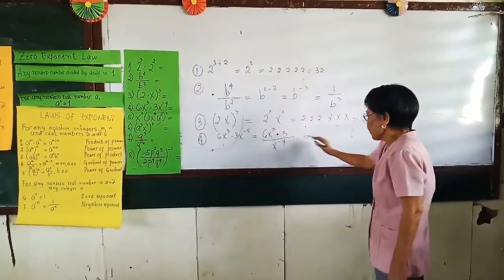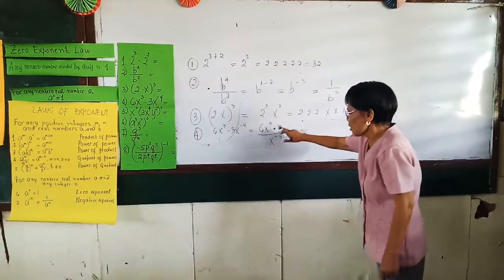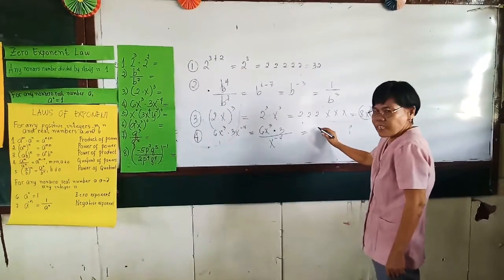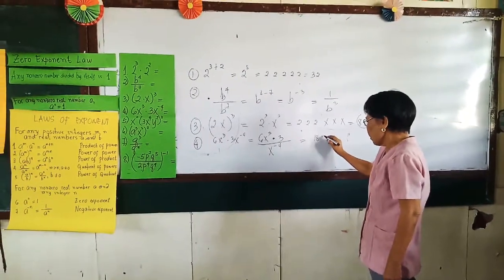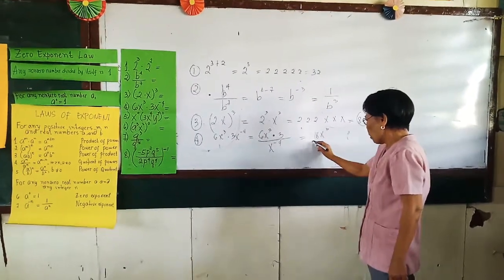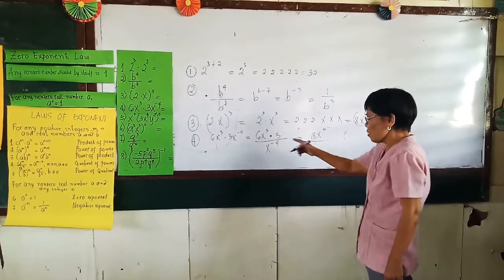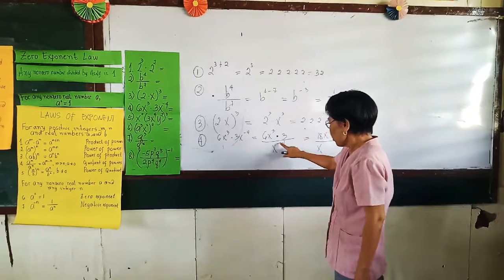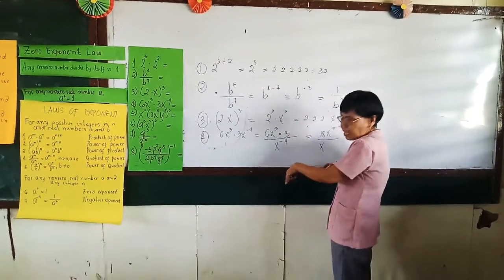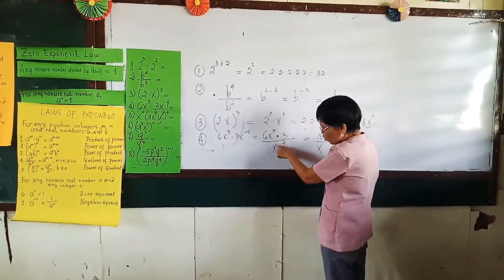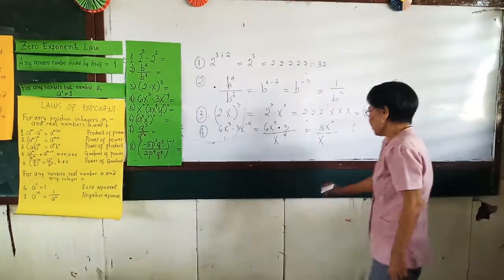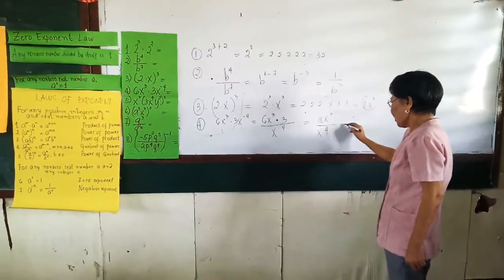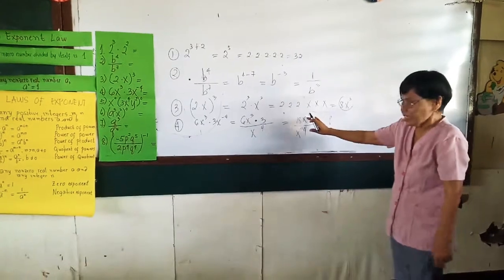Again, 6 times 3 is equal to 18. x cubed over x to the 4th. Since this is not, put it down, so there's no sign here. So x to the 4th, again there is still x.